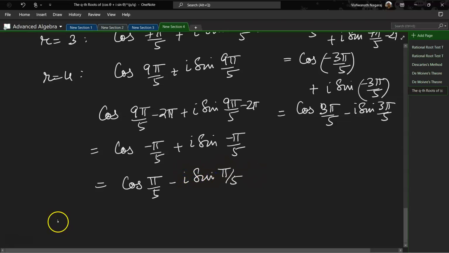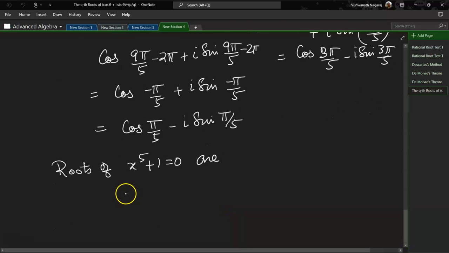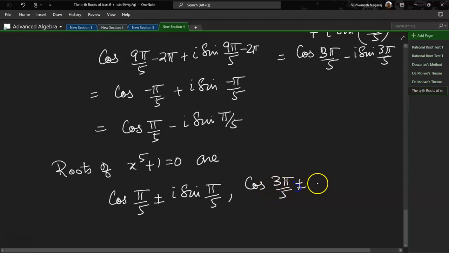So in other words, the roots of x to the power of 5 plus 1 equal to 0 are cos pi by 5 plus or minus I sin pi by 5, two roots. And we have cos 3 pi by 5 plus or minus I sin 3 pi by 5. And we have minus 1.